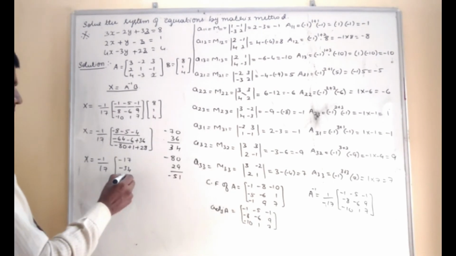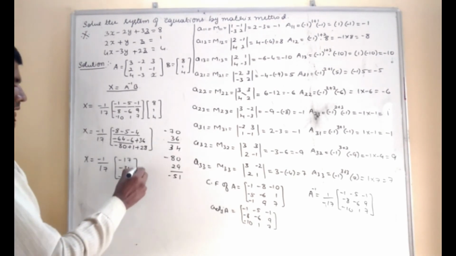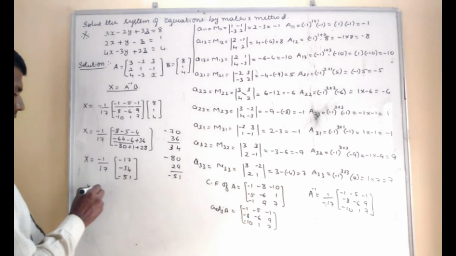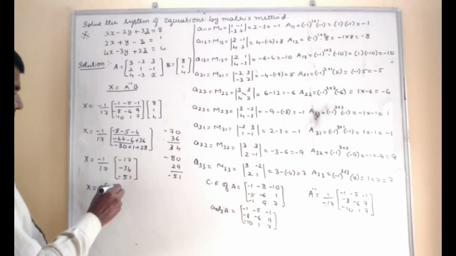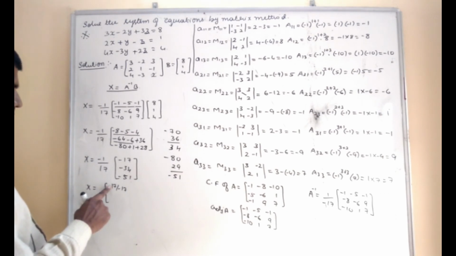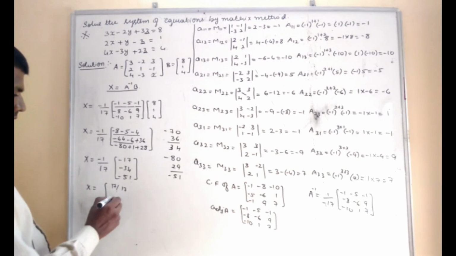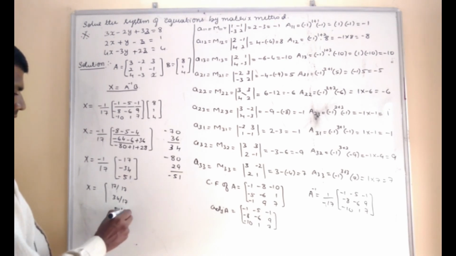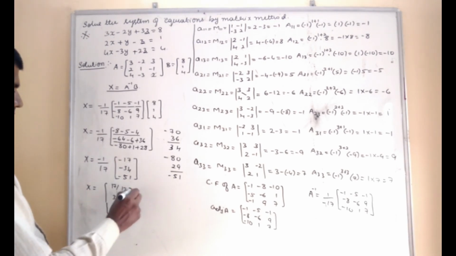If you multiply, you are getting minus 17 by minus 17, minus into minus plus, then minus 34 by minus 17, then minus 51 by minus 17.